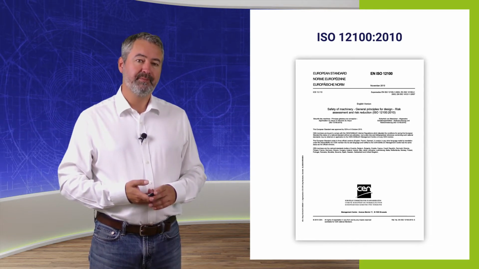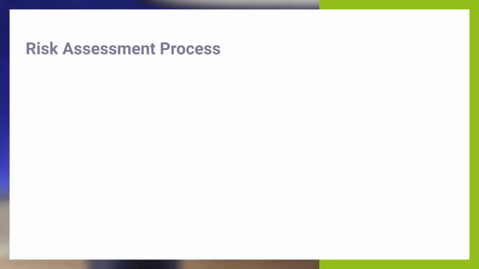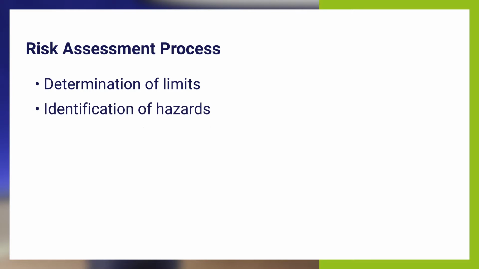Let me summarize. First, we must clearly define the limits of a machine. Then we need to identify all the hazards which are present in that machine. At this stage, it is particularly important that all activities which are carried out at and with the machine are considered, as well as the different life stages, such as cleaning, maintenance, decommissioning, and so on.